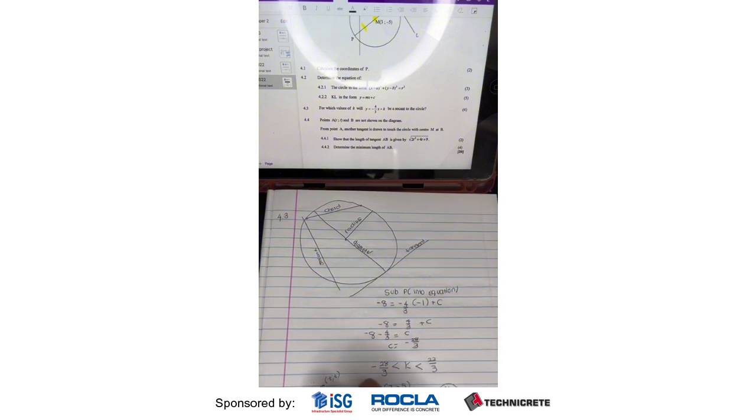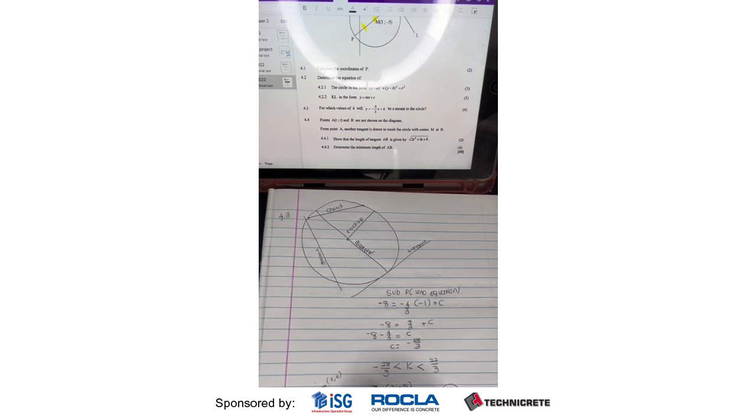So it's going to be (t minus 3) squared plus (t plus 5) squared, close bracket, minus 5 squared, which is 25. Now we can simplify. We're going to expand.